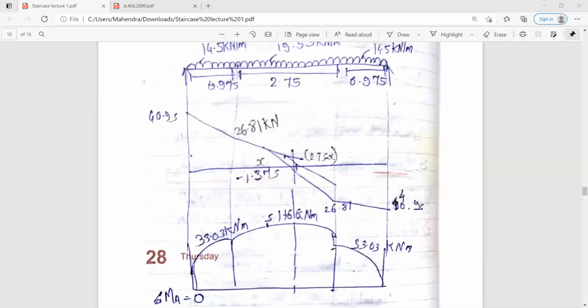Similarly, as this side is also same, you are going to get the value as 33.03, and the maximum bending moment is 51.16 kilonewton meter. After completing these bending moment calculations, let me know so that we can proceed for the next step.